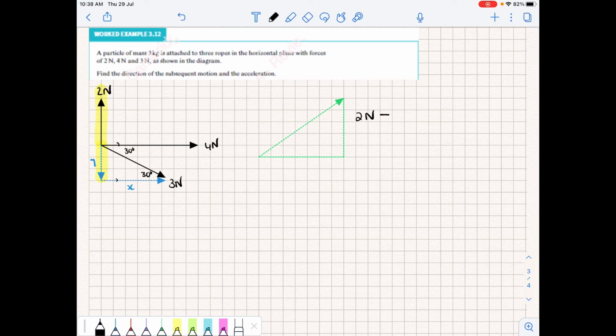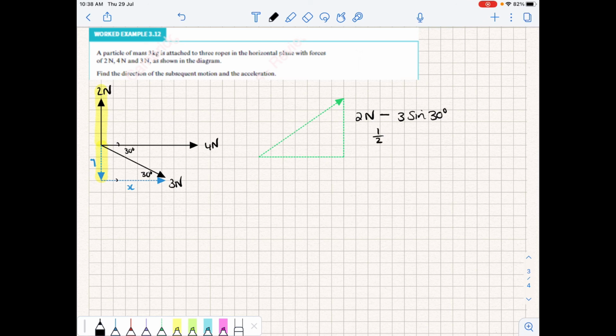What is that force? It's the opposite side to 30 degrees, so it will be 3 sine 30 degrees. Fortunately, sine 30 degrees is just a half, which works out nicely. So we have 2 minus 3 sine 30, and that gives me a half.